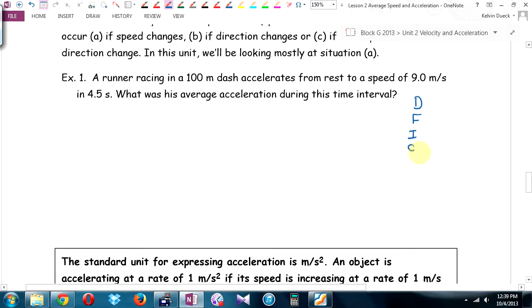DFIC. You're going to learn 2 acronyms from me this year. One is DFIC and one is DULP. And you're going to hear me say, when in doubt, DFIC and DULP. Okay? And what does DFIC stand for? DFIC, it's an acronym, and it stands for: list your data, find a formula that has everything of your data and what you're looking for in it, insert the numbers, and then calculate the answer.